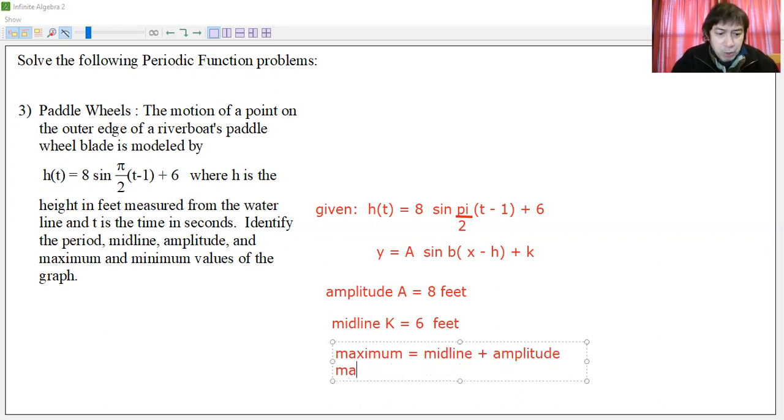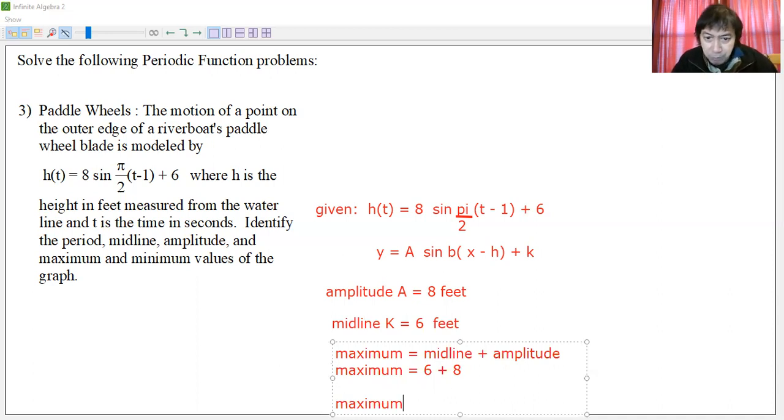So maximum is equal to our midline, which is 6 feet, plus the amplitude, 8 feet. And so our maximum should be, of course, 14. Yes, that should be 14. So that equals 14 feet. There, that's our maximum.